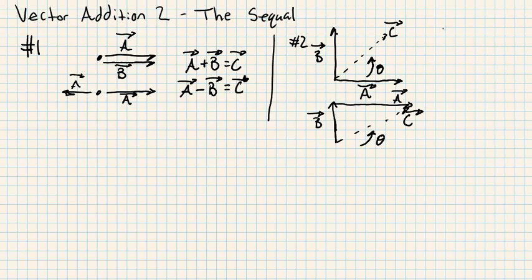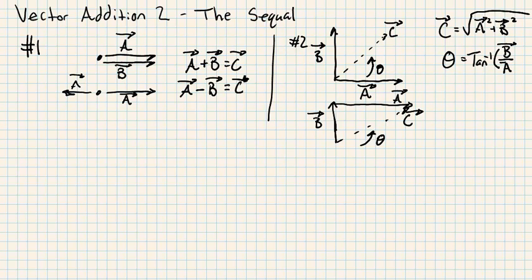And to get the magnitude of C, you take the square root of A vector squared plus B vector squared. And to get theta, you take your arctan, or your tan inverse, however you like to think of it, of your B vector over your A vector.